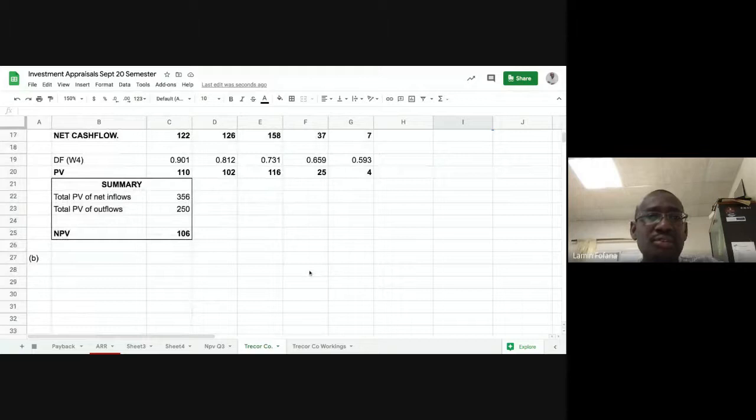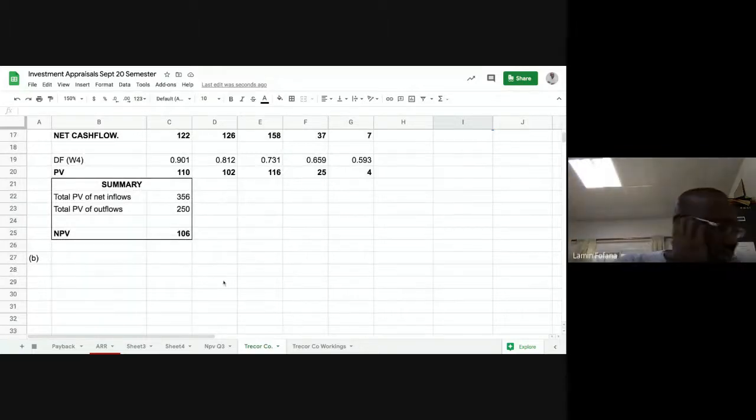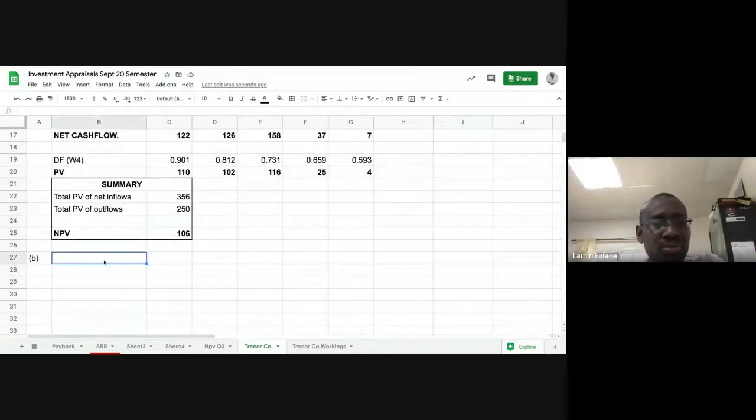So that means we have to add all these things. We're supposed to calculate our ARR, and it's going to be based on before tax cash flow.